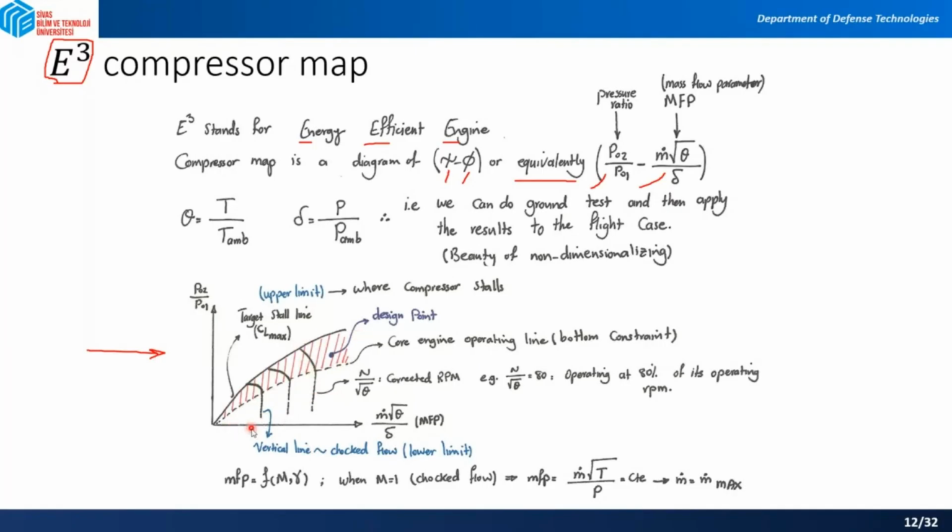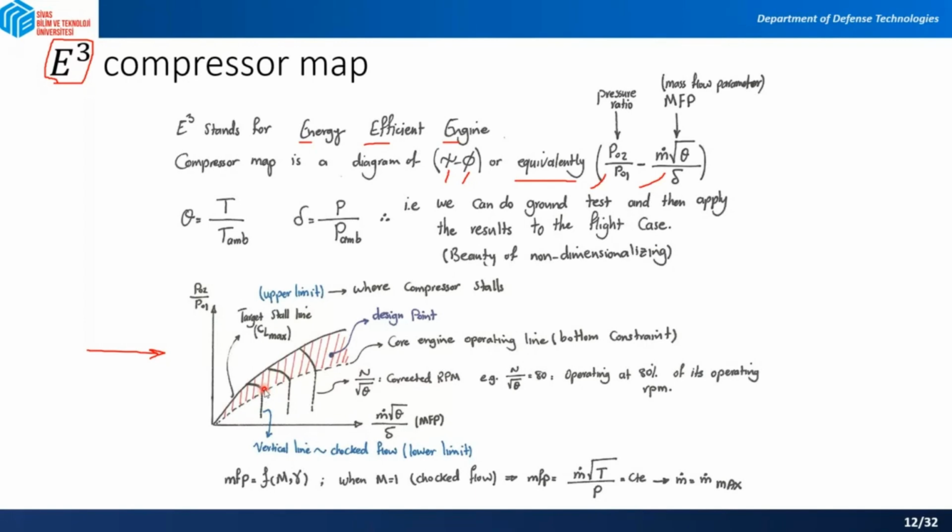What will happen? At each RPM, when you reach some mass flow rate, you have a lower limit.